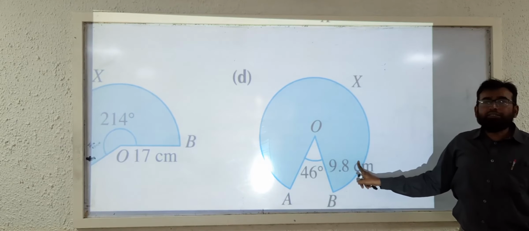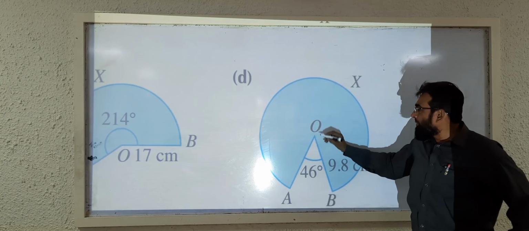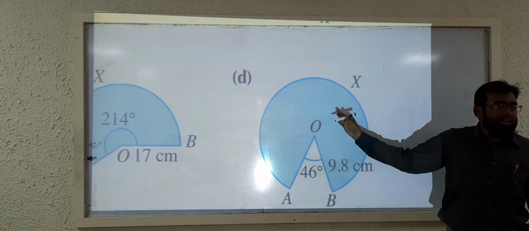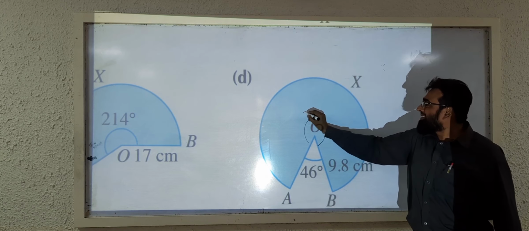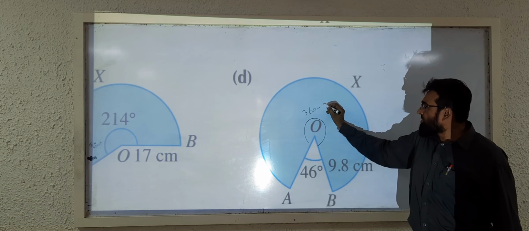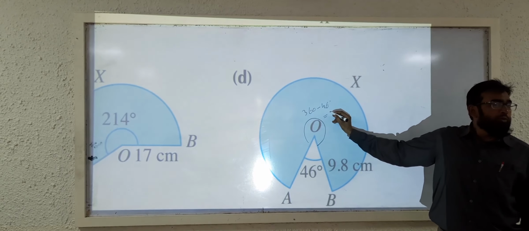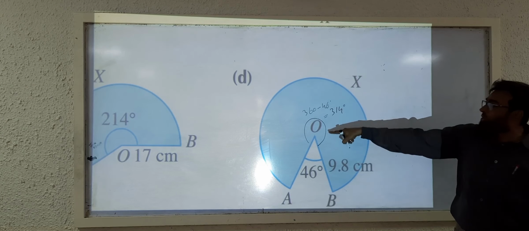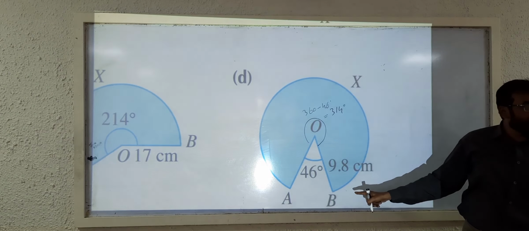I told you that the angle against the required arc must be written. So here we have 360 minus 46, how much? 314. 314 degrees. So this angle will be taken to find out the arc length AXB.